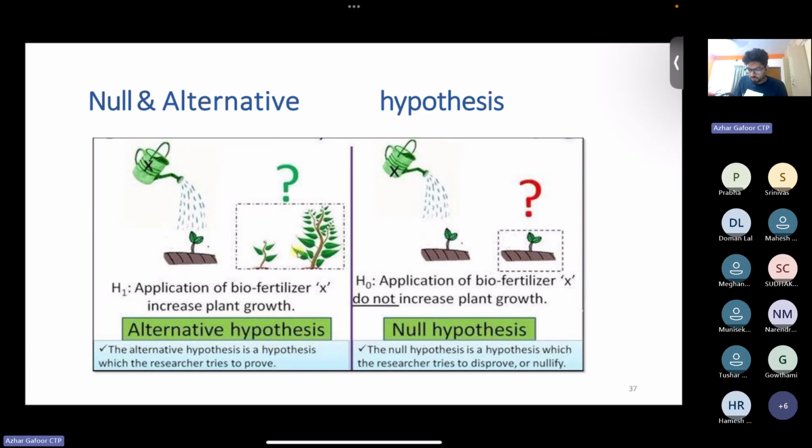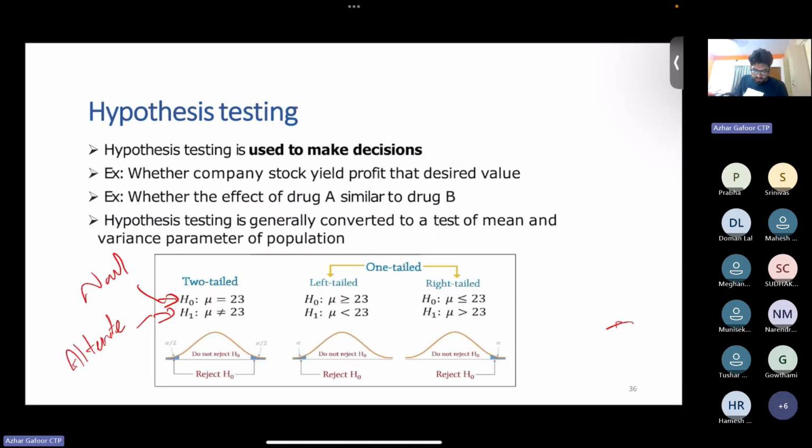So coming to the two-tailed and one-tailed test. A two-tailed test occurs when we say that the mean is not equal to whatever mean we have stated. Let's say, again coming to height, we say the mean height of a person in India is around 5.8 feet.